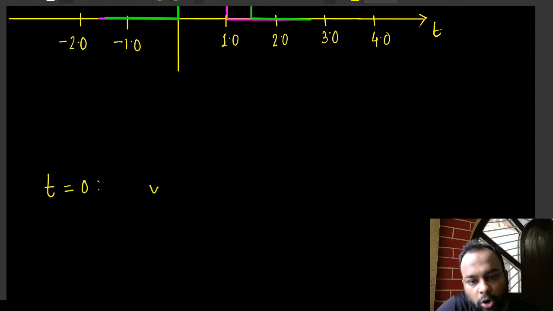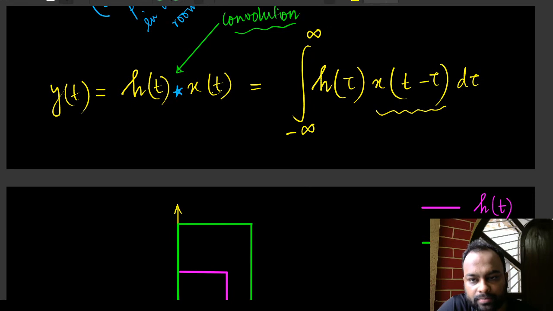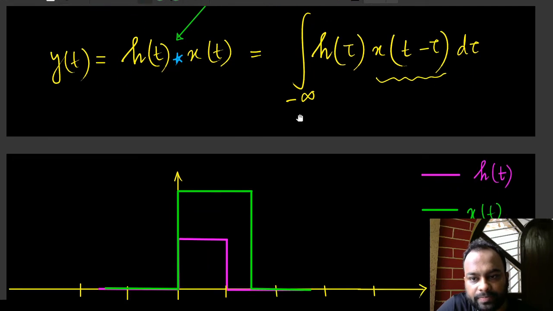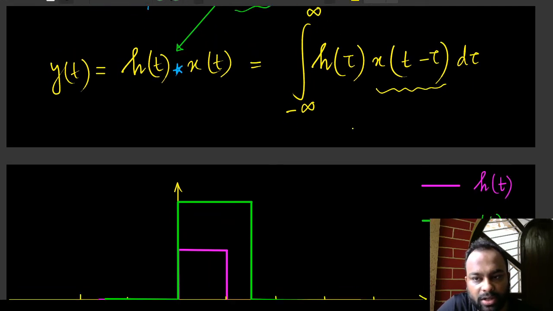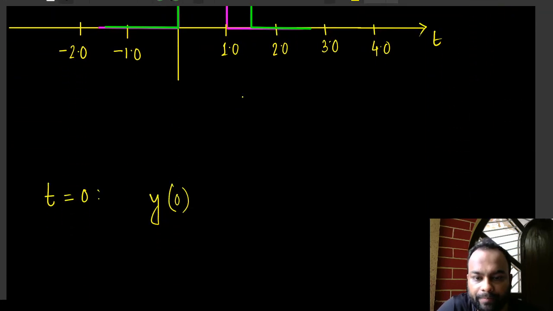So we are calculating the output at t equal to 0. In this convolution expression, if I put t equal to 0, what expression do I have mathematically? The output of the system can be calculated with this integration.